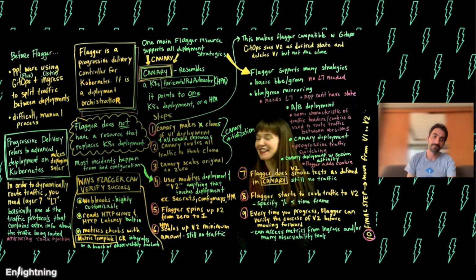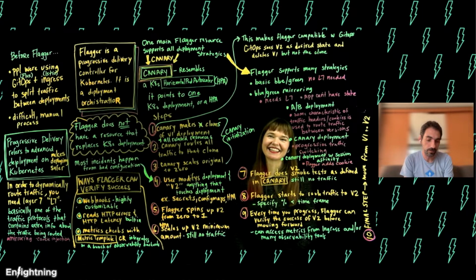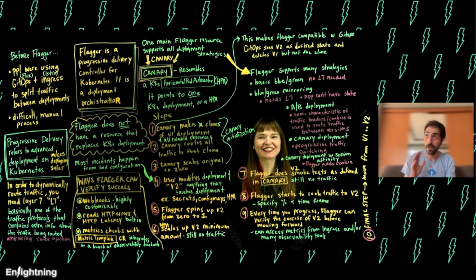Amazing. Is Flagger a CNCF graduated project? Yes, Flagger is under the Flux CD organization, and it's a graduated project along with Flux. What I want to say is that Flagger is not a Flux-only project. There are many Flagger users which use Flagger with Argo, with Jenkins X, with whatever.